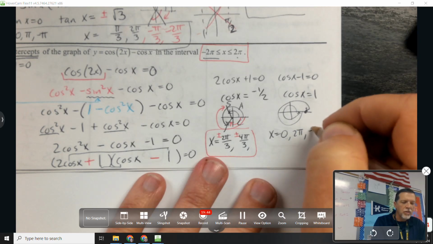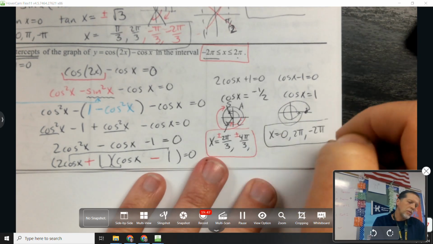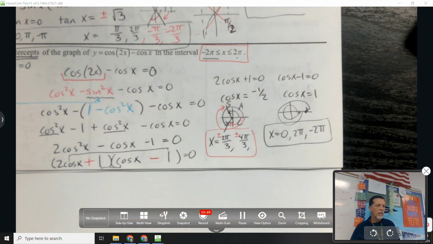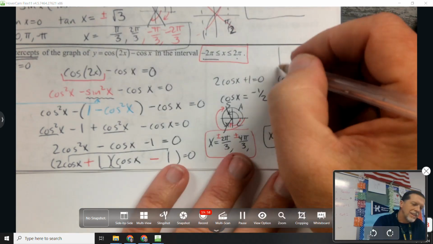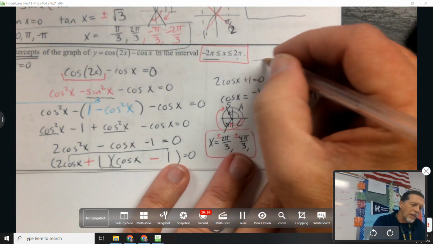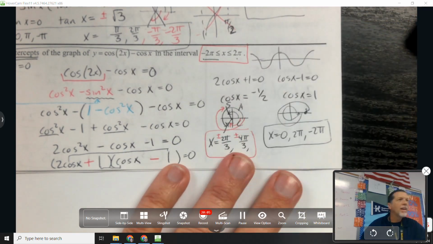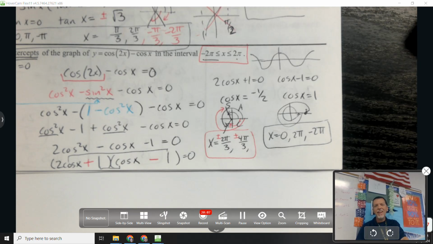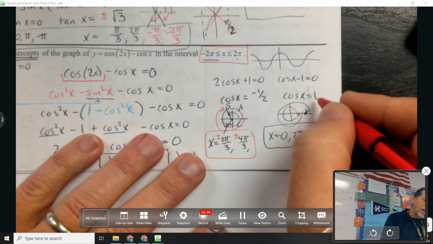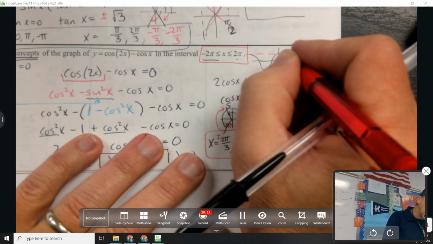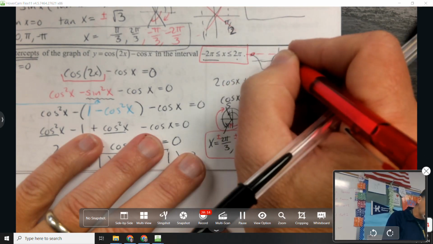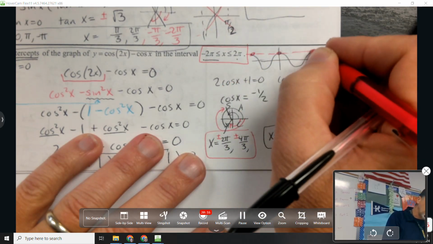So again, I could do plus or minus, or I could just write them separately if that's how I see it. Again, I'm going to drop drawing these graphs because I don't like doing it this way. But some people like to see the graph of cosine, and then they can visualize where cosine is 1 at negative 2 pi and 0 and positive 2 pi.